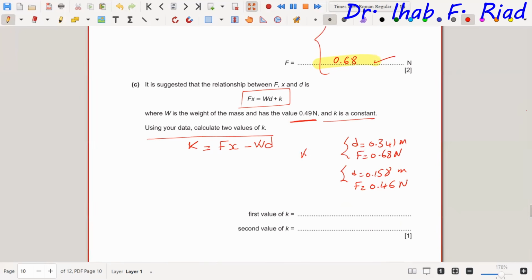Yes. We have W equal to 0.49 newtons. So we simply substitute all these values in the equation and we calculate two values for K. So K1 is going to be 0.68 times X. Do we know X?